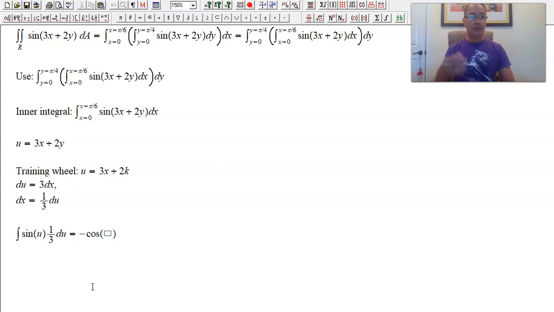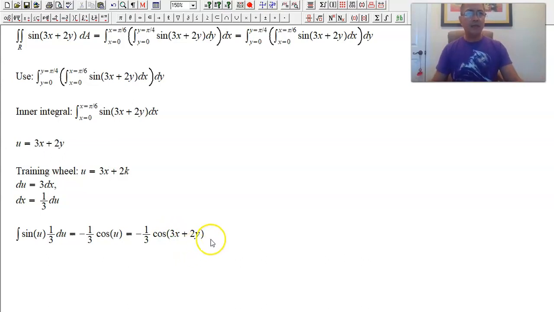Quick check: the derivative of cosine is negative sine, so we need to cancel the negative with the minus. So we need negative cosine u. No need to do a plus c. Of course, what we get now, don't forget the 1/3. There's a minus 1/3 there, and we will replace u with 3x plus 2y.